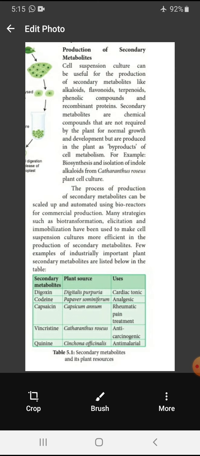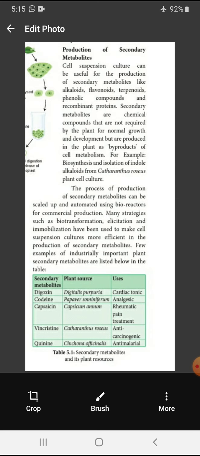Then third one, capsaicin. It is obtained from Capsicum annuum. It is one of the chili varieties. It is used for rheumatic pain treatment. Rheumatic means vadavali. So that is used for relief of rheumatic pain. The next one, vincristine. The vincristine is obtained from Catharanthus roseus.